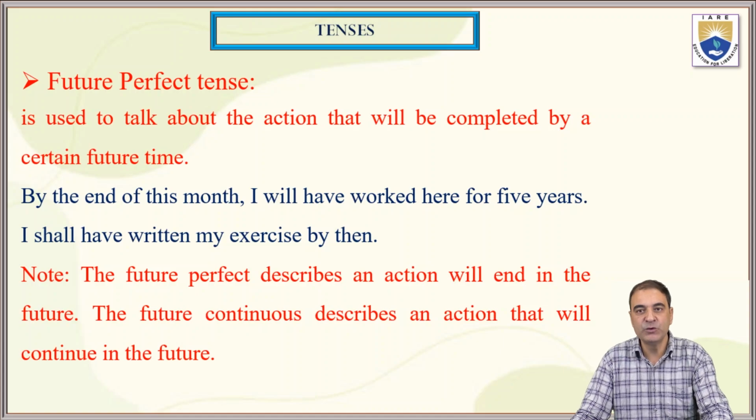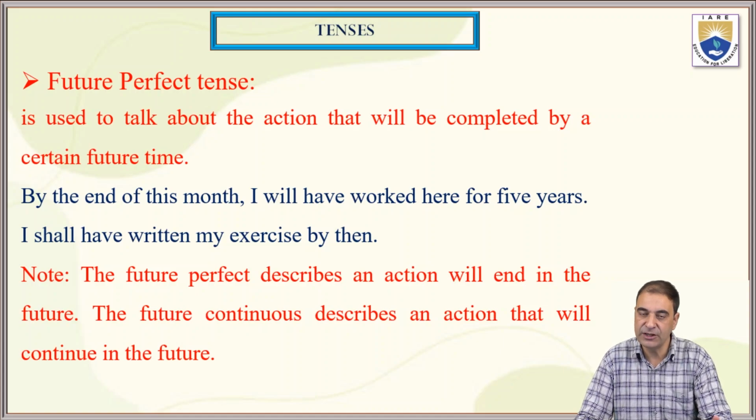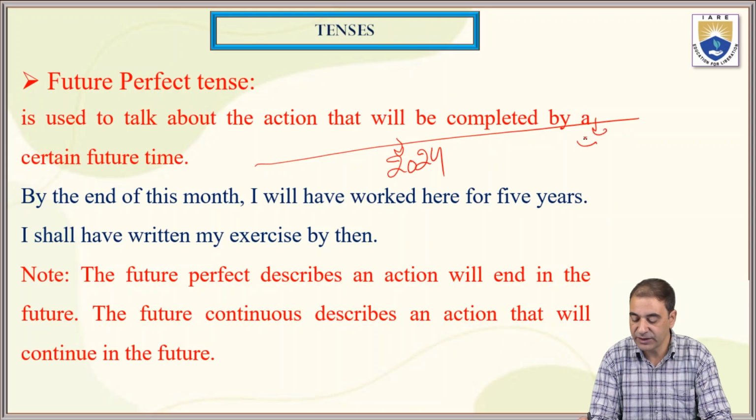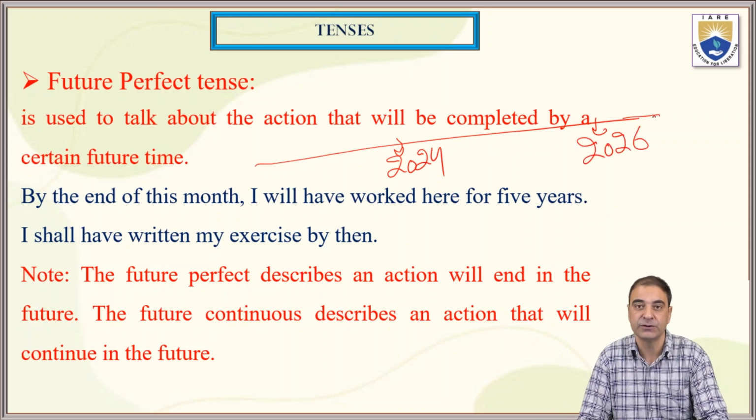And then we have the future perfect tense. This future perfect tense is used to talk about actions that will be completed by a certain future time. Here, I'm talking about, for example, if it is present 2024, and I'm talking about 2026 or 2025, the future.